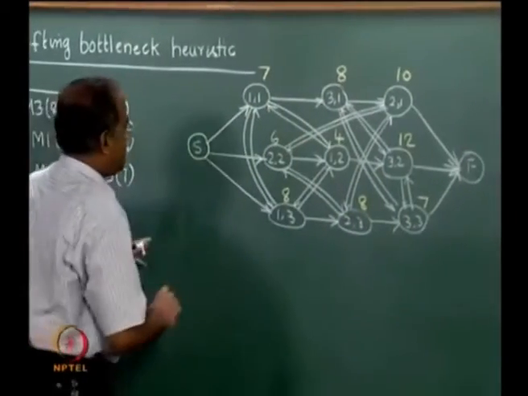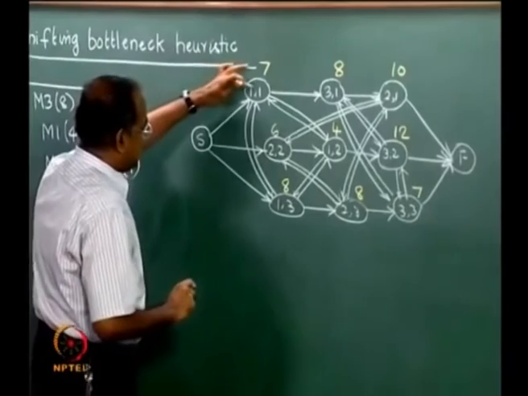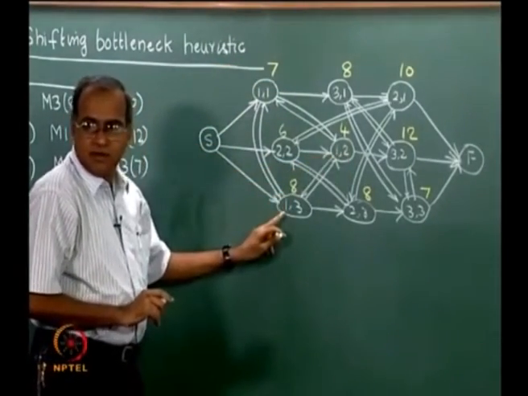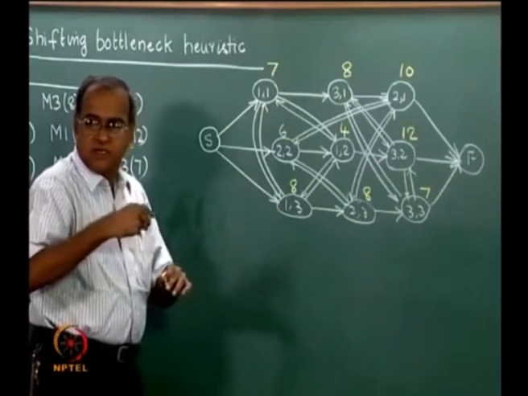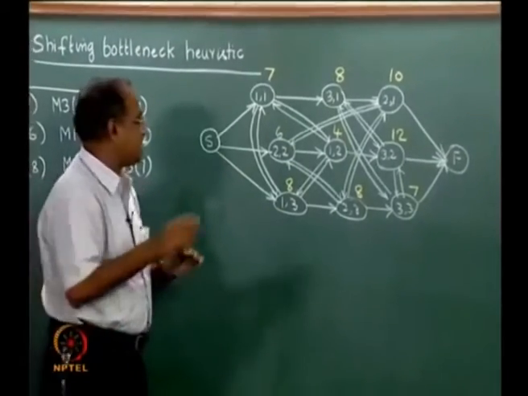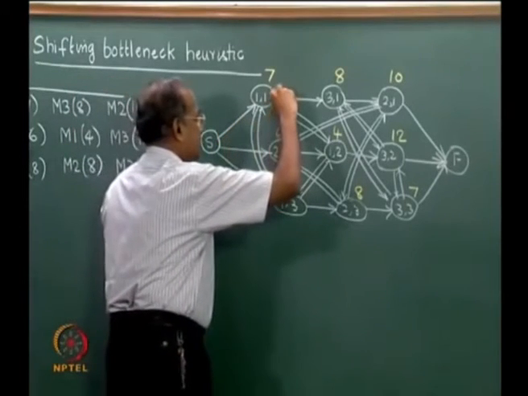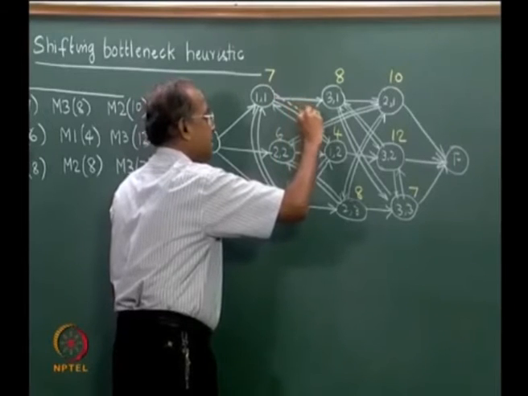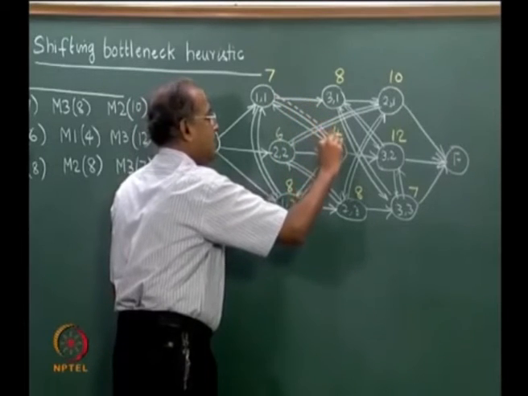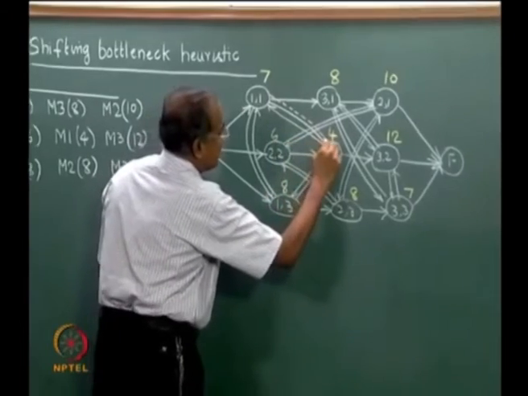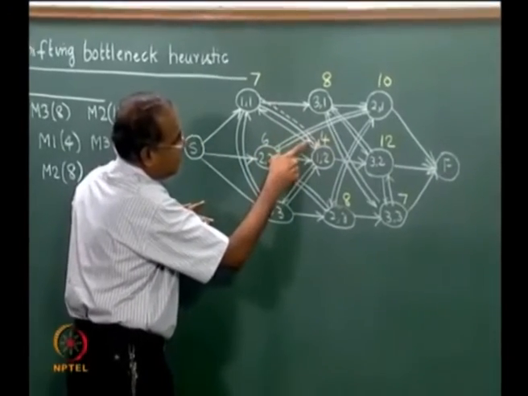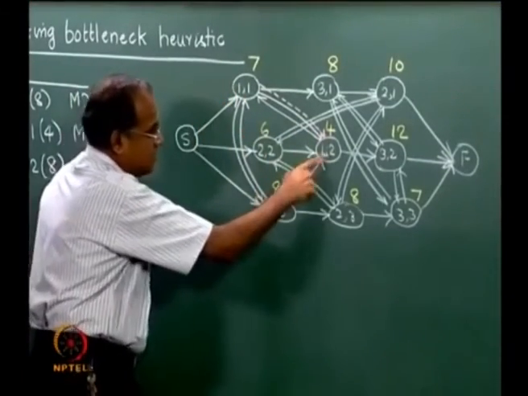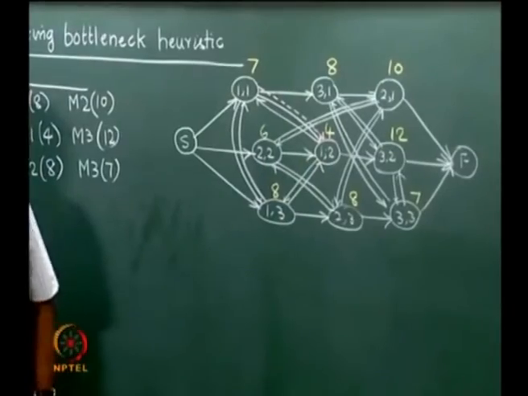So, M1 is first taking it in this order. So, this is done first, then this is done, then this is done. So, M1 is taking first J1, then J2, then J3. So, let me just show this with a different color and put a dash here to indicate that out of these 2 arcs that are connecting these 2 nodes, this particular arc with an arrow mark here indicates that J1 is done first and then J2 is done on M1.